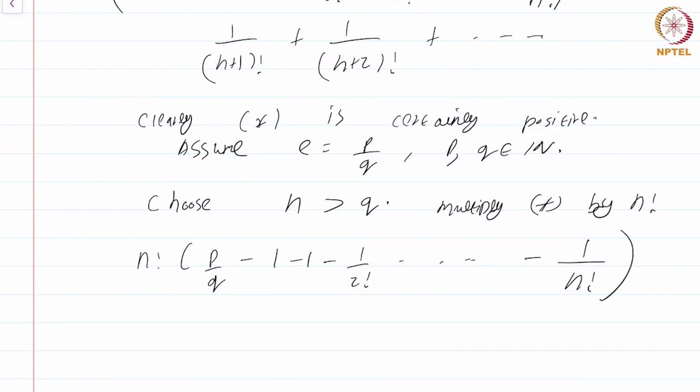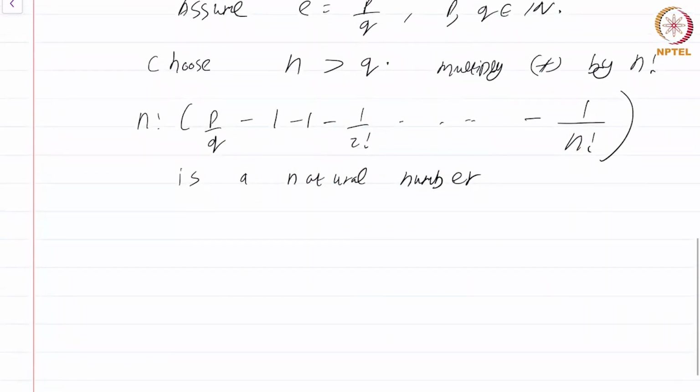Okay, now since our assumption is that n is greater than q, n factorial divided by q will be a natural number, right? Indeed, when I expand this out, every single term will be a natural number. So this is a natural number, okay? In fact, a natural number which will be positive. Of course, natural number itself includes positive, so I needn't have said that. Okay, it's going to be a natural number.